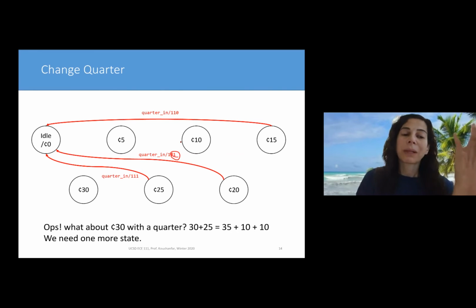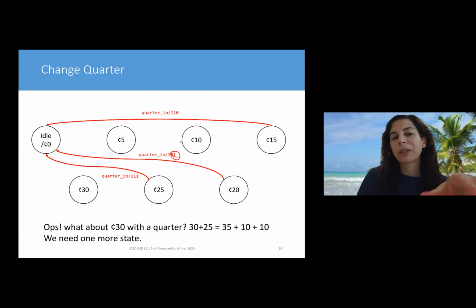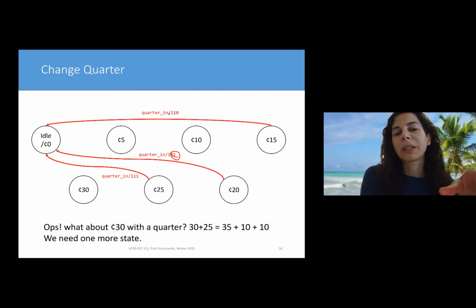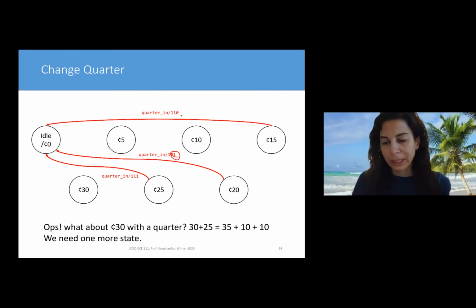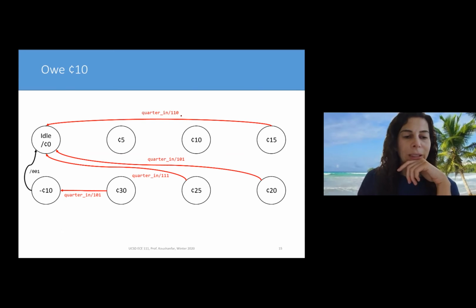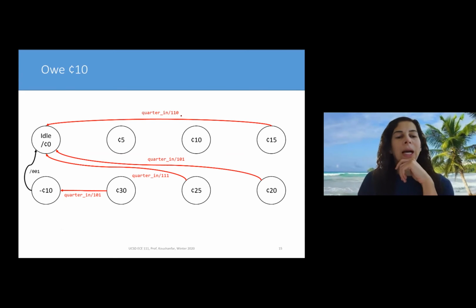So there are many ways, again, to do that. One possible way would be to increase the number of output bits. Another possible way would be to add one state, which is what is happening here. In this example, if we get a quarter in after 30, this would be 55.